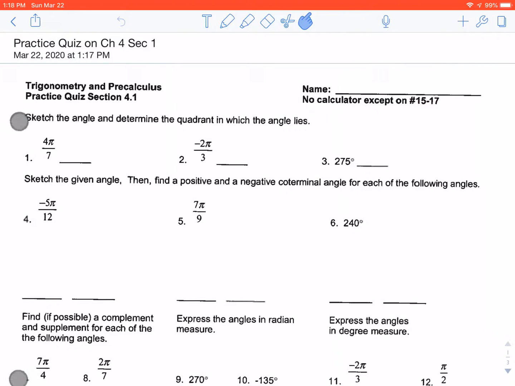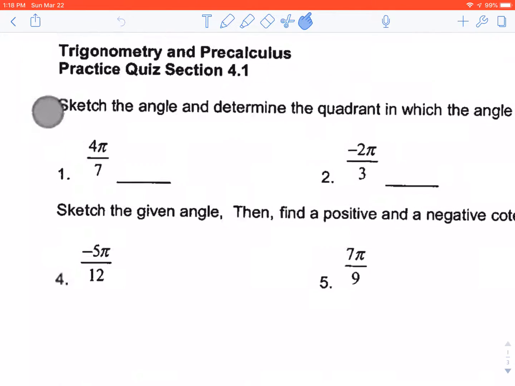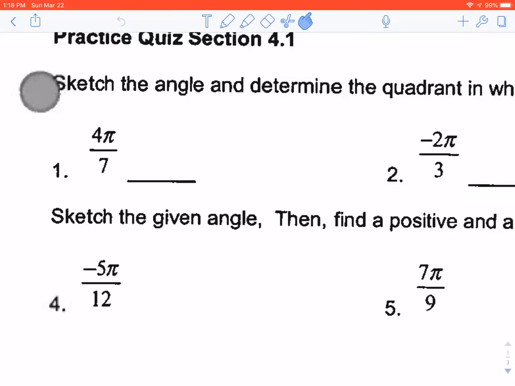I'm going to go over the solutions to the practice quiz, and I'll just walk through how I would do these. So, in order to sketch the angle and determine the quadrant, we know that this angle over here is pi. Whatever denominator the angle's in, I'll make pi in that denominator. So, 7 pi over 7.